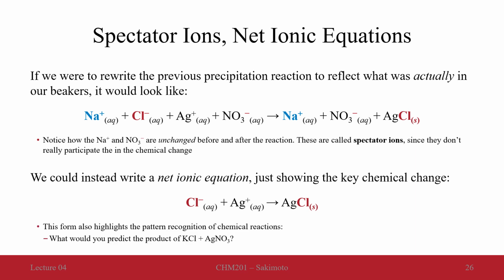You'll see the full version of this, but we'll also use these net ionic equations to, one, help simplify our discussions, but also highlight the repeating part of these patterns. For the top reaction, whether we had sodium+ or potassium+, another alkali metal, or lithium+, all these spectator ions don't change the actual chemical reaction occurring between silver and chloride.